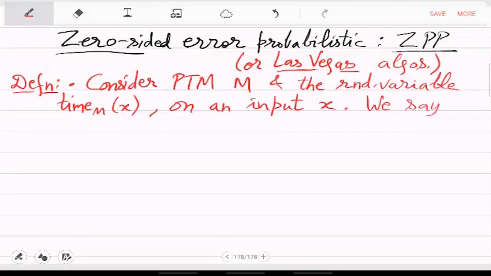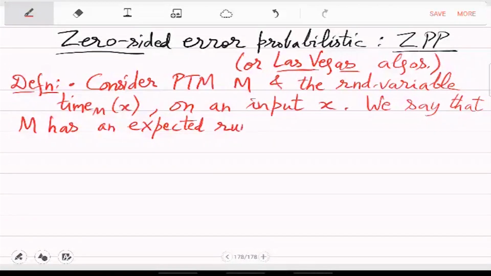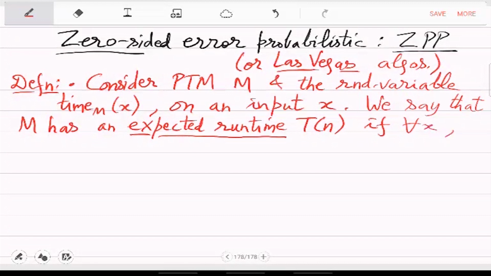So we say that M has an expected running time T(n) if for all inputs x, the expectation over the random bits that M will use.